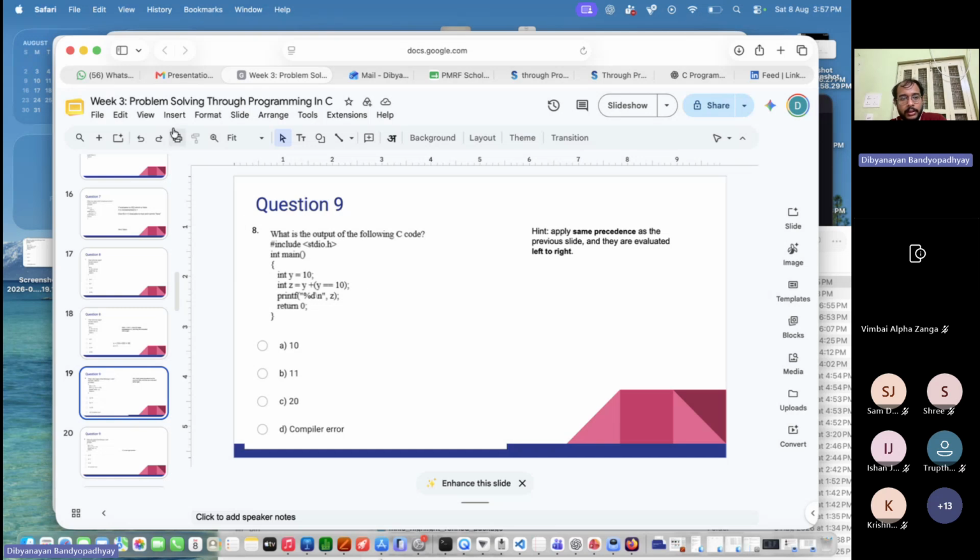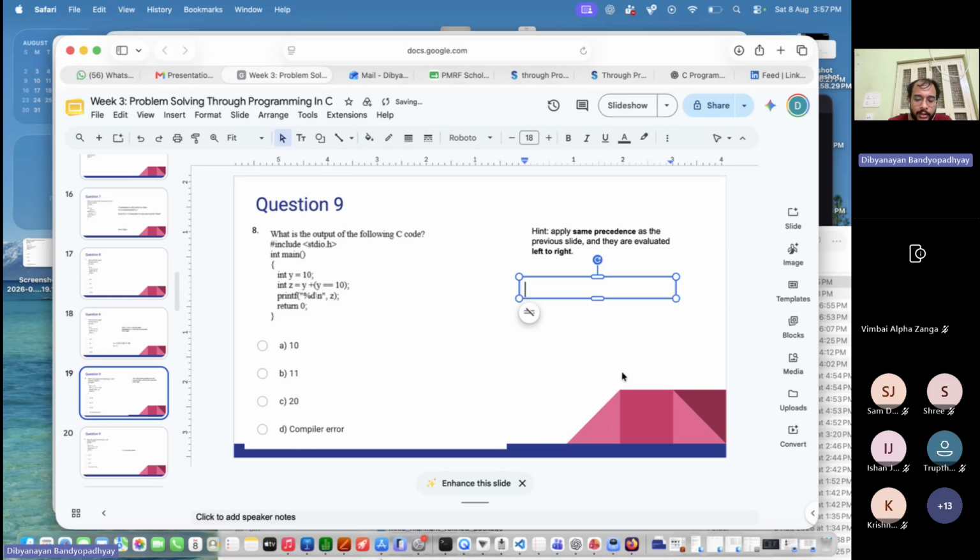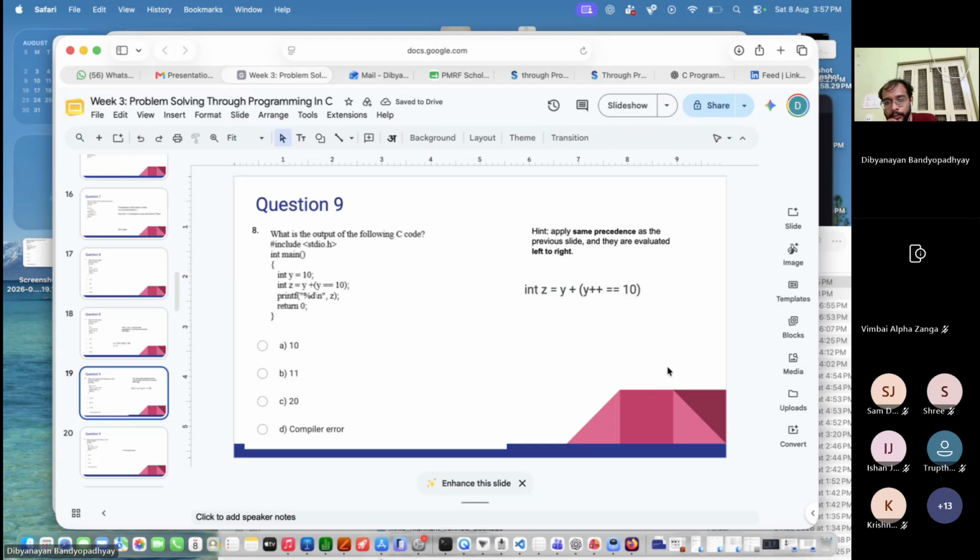Now let's make it more difficult. Let's suppose that instead of this simple thing, it is int z and y plus equal to y plus plus equal to 10. Then what would have been printed? This is a more difficult question. Will it give a compiler error? What do you think?